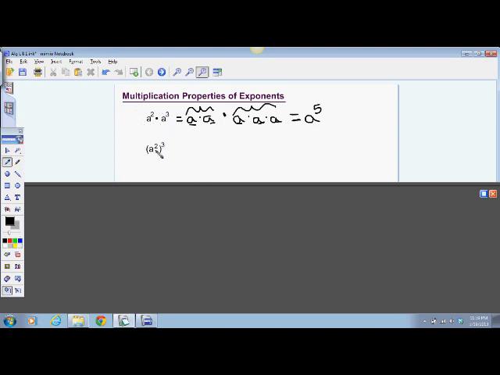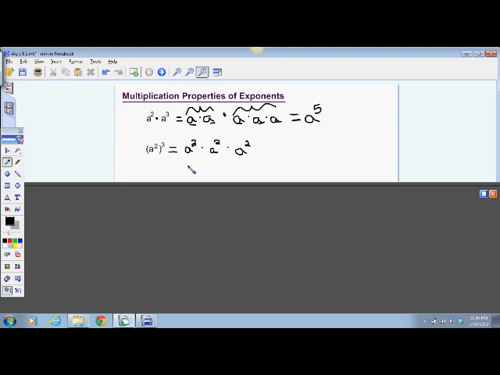Now, if you look at this next one here, we have a to the second, then raised to the third power. What that means is I have 3 of these a to the seconds: 1, 2, and 3.